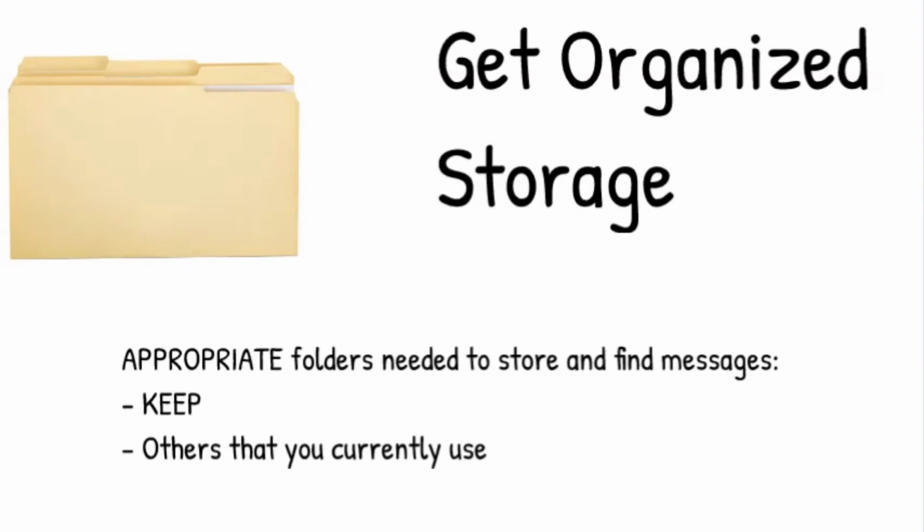Don't overcomplicate this and do not try to switch from system A to system B. You don't need to go back through and change how you're storing your things. Again, you know how your storage systems are working and you can see where they're failing because they're clogging up your inbox. Only focus on the parts where they're failing and put that stuff in the keep folder. Keep this simple.